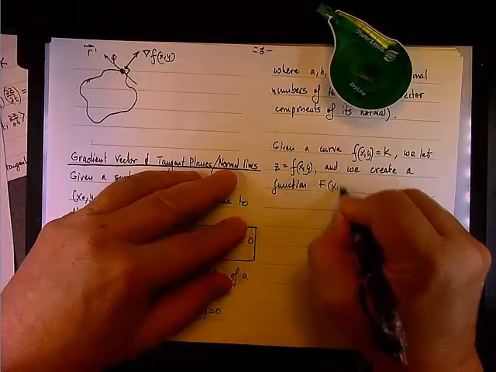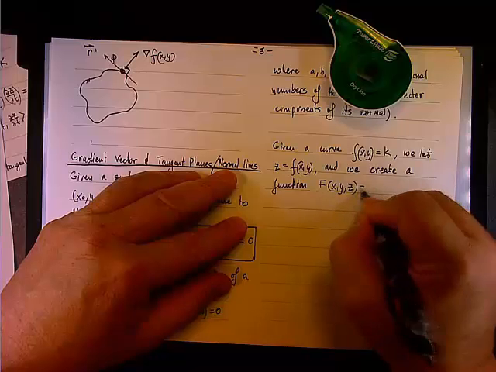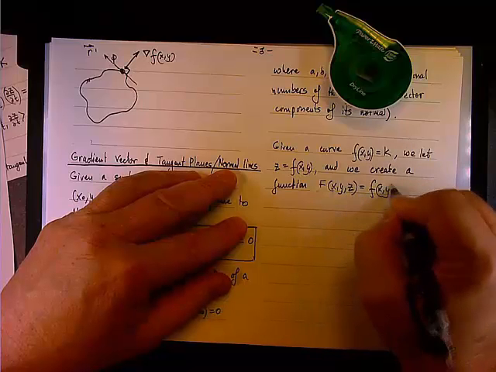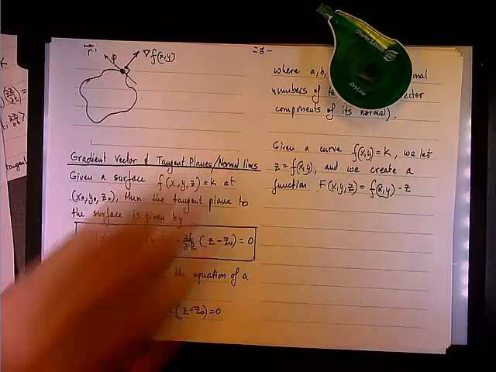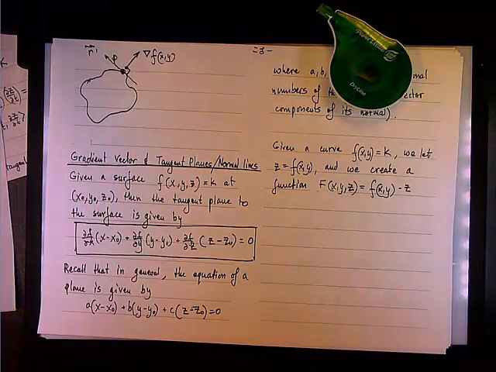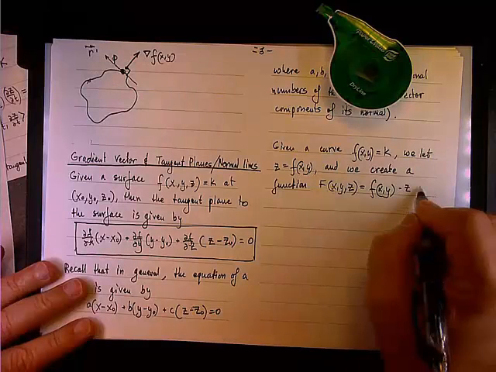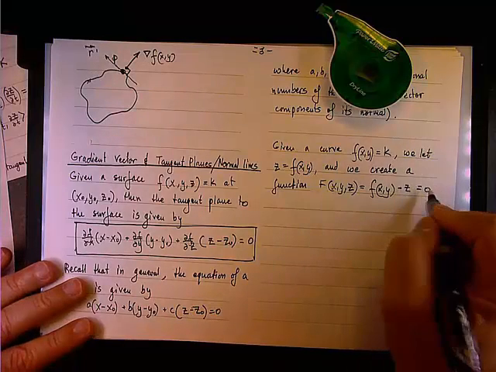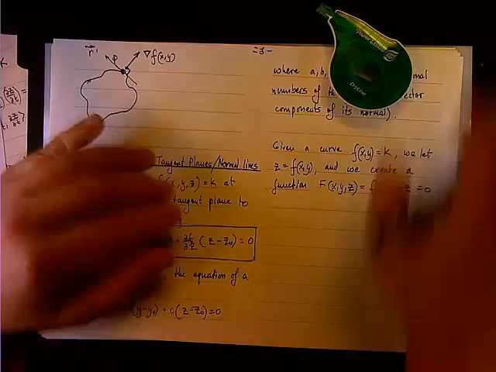Could have used g as well, but let F of x, y, z equals f of x, y minus z. Okay, like so. And of course this will equal 0.